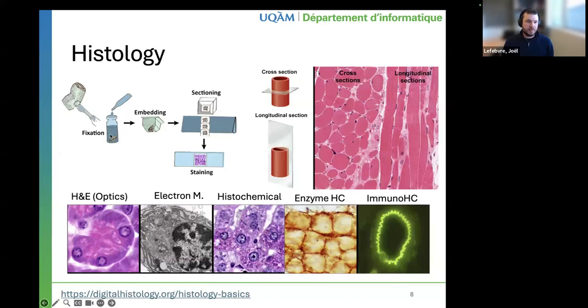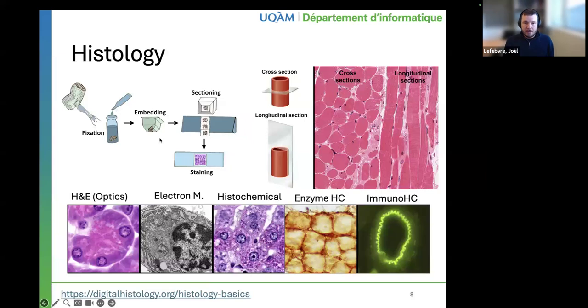This is typically done with PFA, formalin, there are different ways of fixing the tissue. After that, we embed the tissue in a medium. In our case, you will see later, we use agarose, but you can also use paraffin or epoxy, depending on which type of histology we'll do.